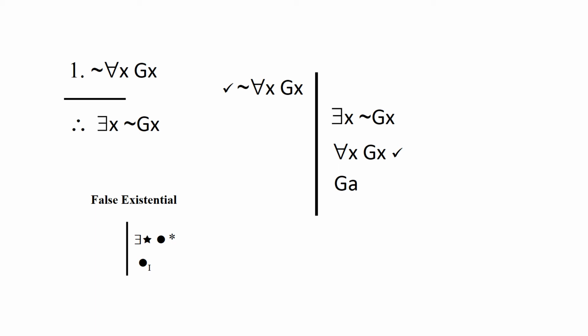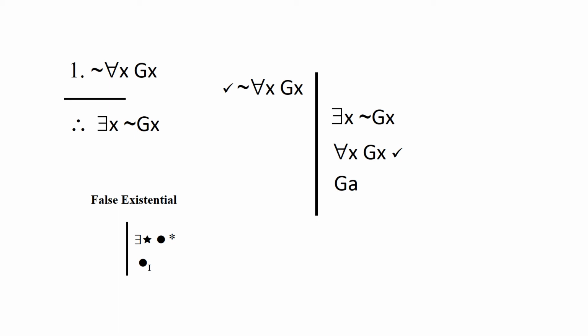If that existential is false, if it's false that even one thing is tilde G, then it's false that A is tilde G. It's false that B is tilde G. It's false that C is tilde G, and so on. You can draw as many instances as you want out of that false existential. The star means you can go back for more if you want more. We're only going to need one instance in this tree, but that's the idea behind a star rule. You can reuse that sentence more than once.